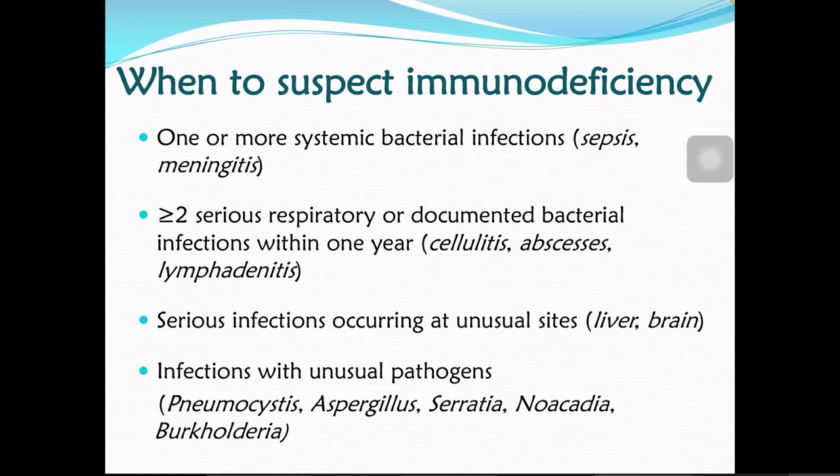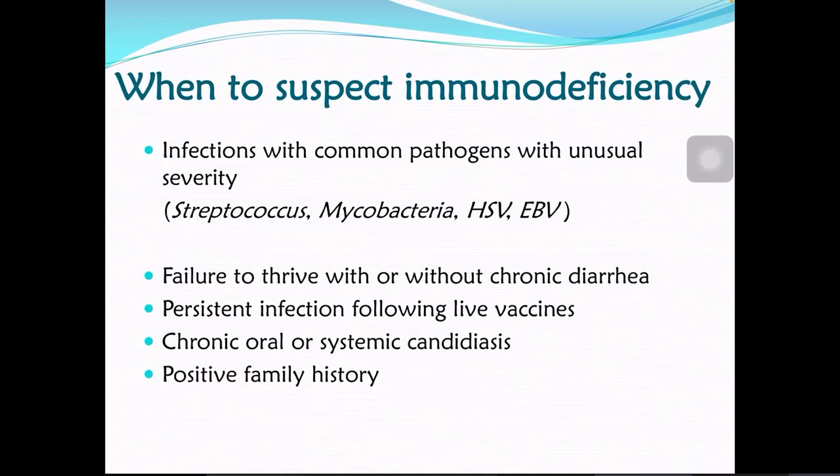You know, we have straightforward pathogens who cause illness, but if we see patients who are getting illnesses because of pneumocystis, aspergillus, serratia, nocardia, burkholderia, then those would be the more uncommon pathogens. And that also is one of the reasons where you should suspect immunodeficiency.